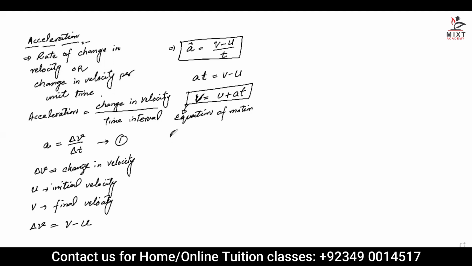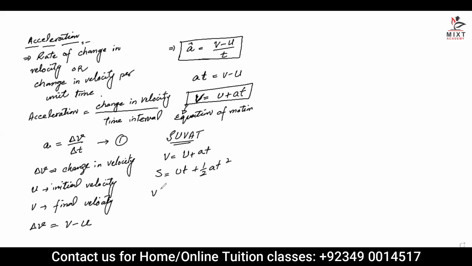There are three equations which we are using in the equations of motion. This one is the first equation. Another equation is S is equal to ut plus half at square.